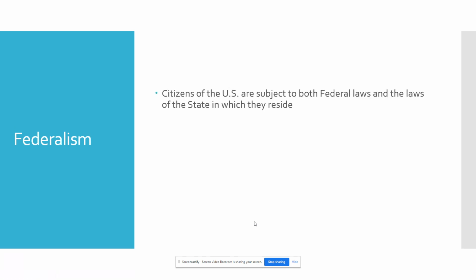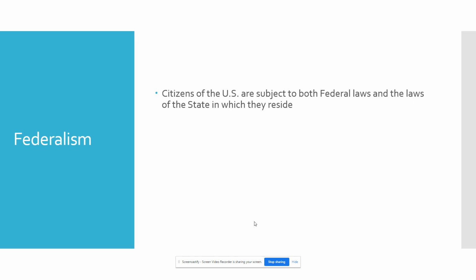Okay, so one of the things that's important to talk about when we start talking about statutory analysis is federalism. We are citizens or residents of the United States, and we are subject to both federal laws and state laws.